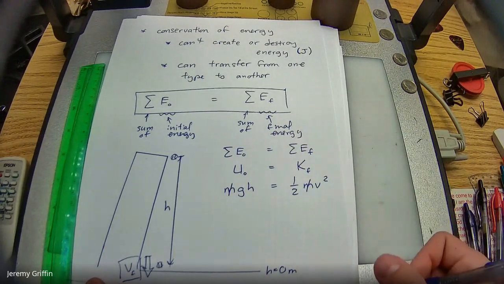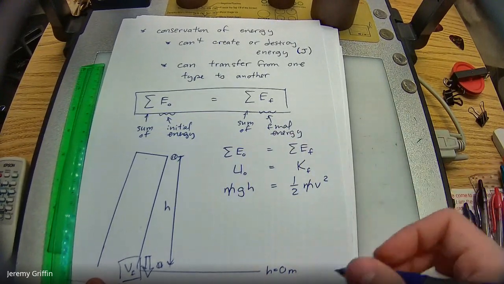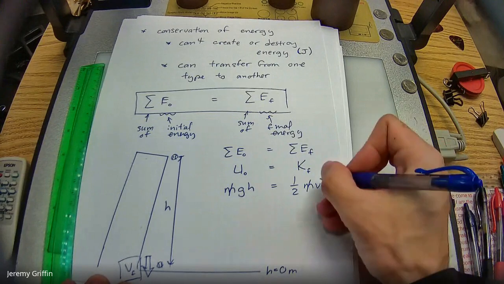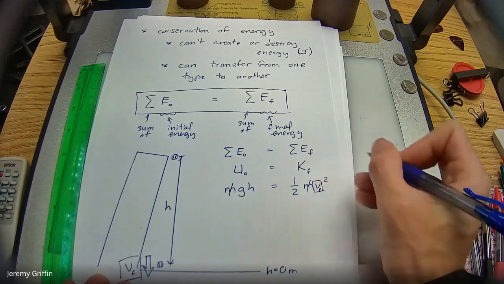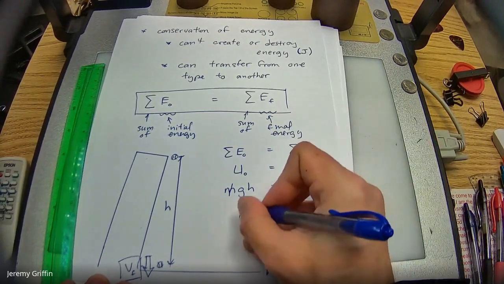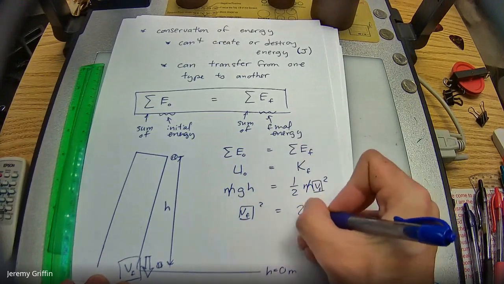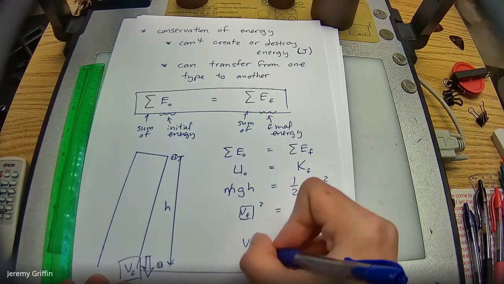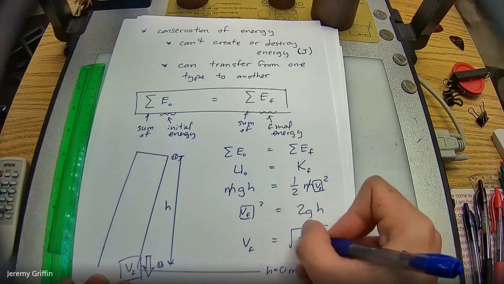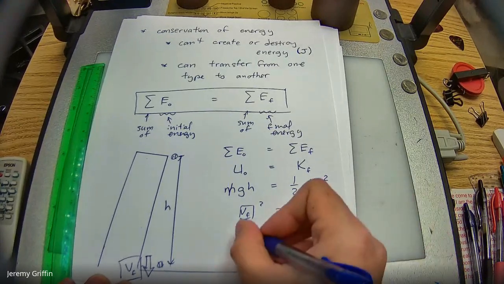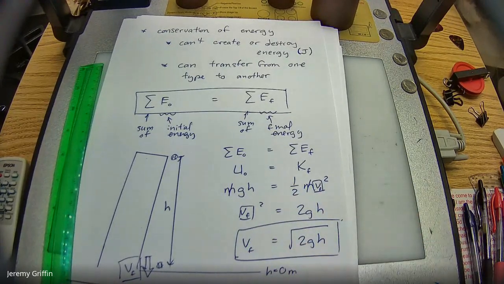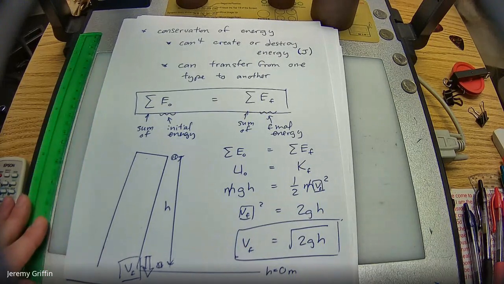To show that mass doesn't matter. So that's consistent at least. Now, if you solve for v final, then v final squared equals 2gh. So v final is the square root of 2gh. So that's the answer in terms of variables.